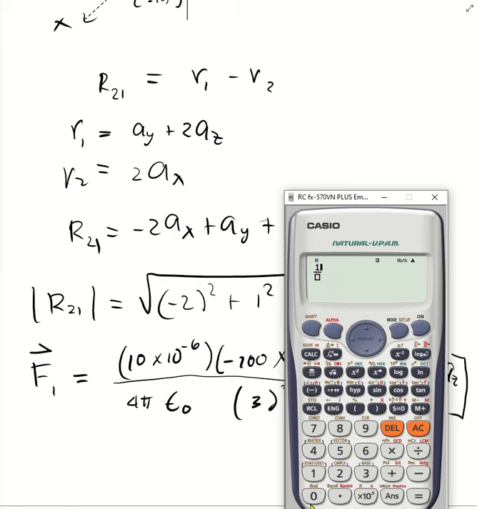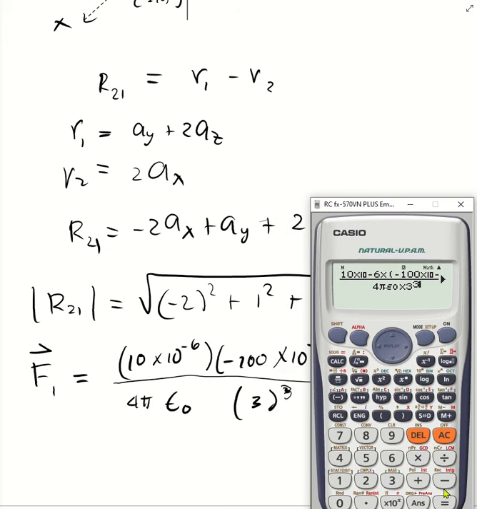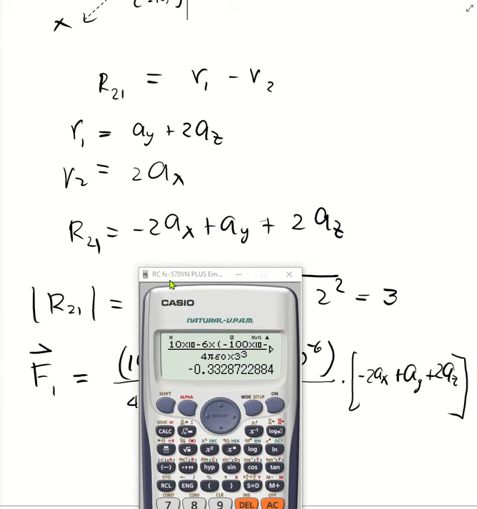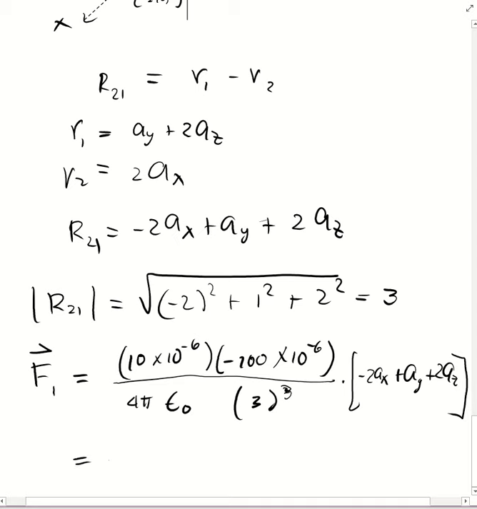Then if you calculate this, this will be 10 exponent negative 6 times negative 100 exponent negative 6, then all over 4 pi epsilon naught, then times 3 cube, and this will be equal to negative 0.33287.